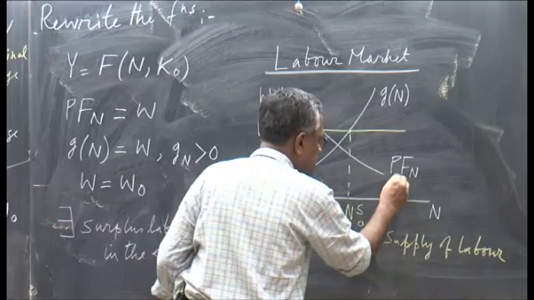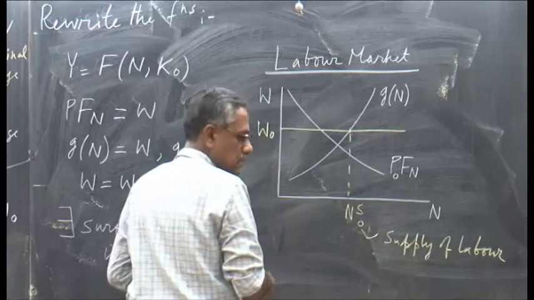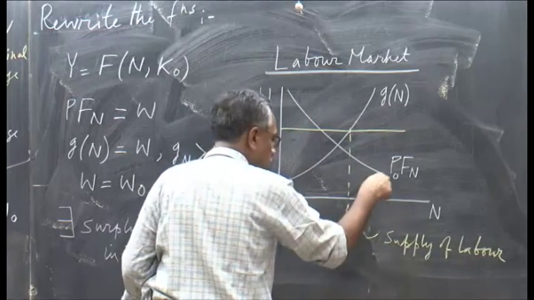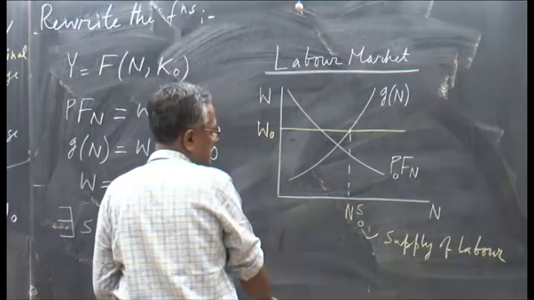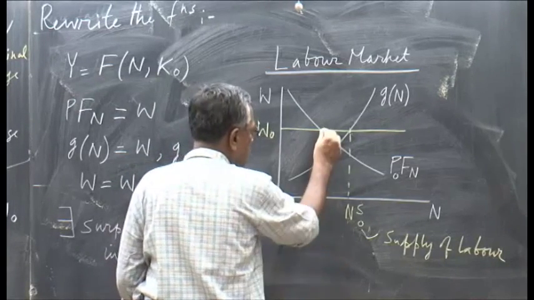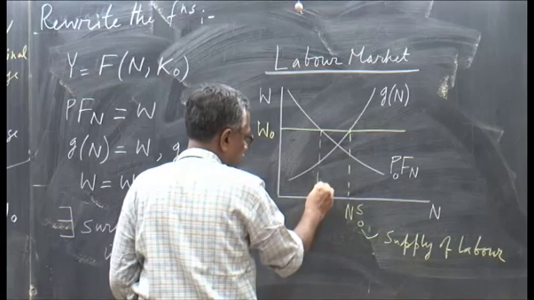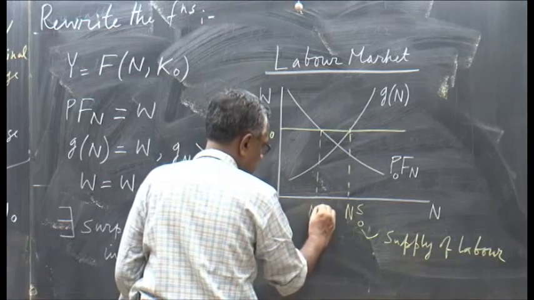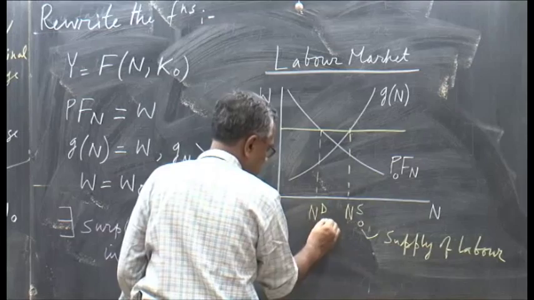For a given price P naught, the labor demand function is P naught Fn, which says that the demand for labor is here, ND naught.